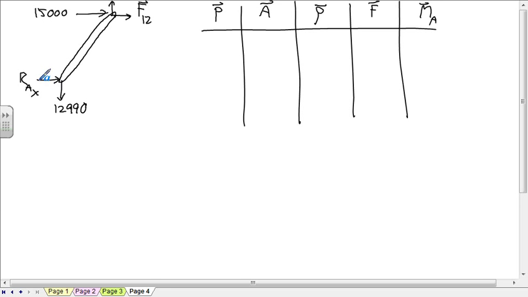Okay, so let's start here. The location, the coordinates where this force is applied are 0, 0. I'm still going to use the about point at 0, 0. This, written as a single force vector, is RAX, negative 12,990. Cross product is 0.